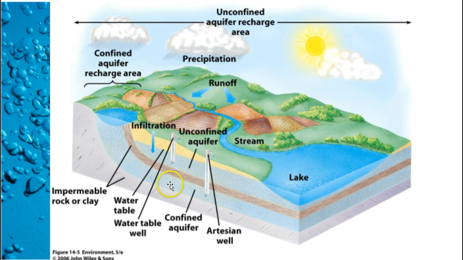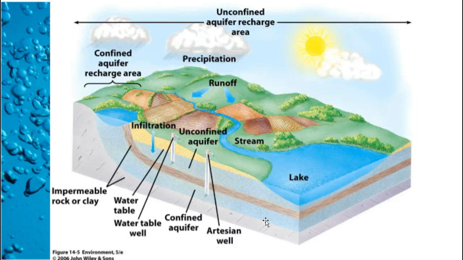And then you have confined aquifers, which are also known as artesian aquifers, and these are kind of trapped in place. There's a less permeable layer of like solid rock over them, and it's under pressure. So these are hard to get into. It's very expensive to dig what we call an artesian well that taps into that confined aquifer.